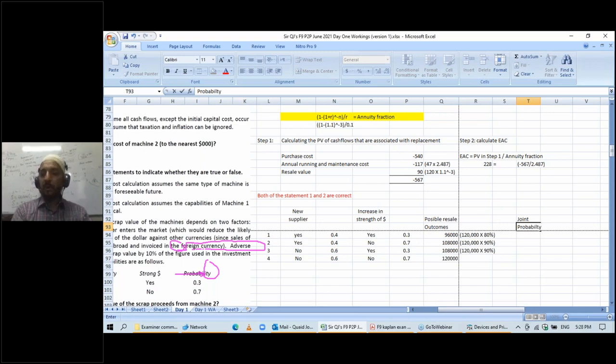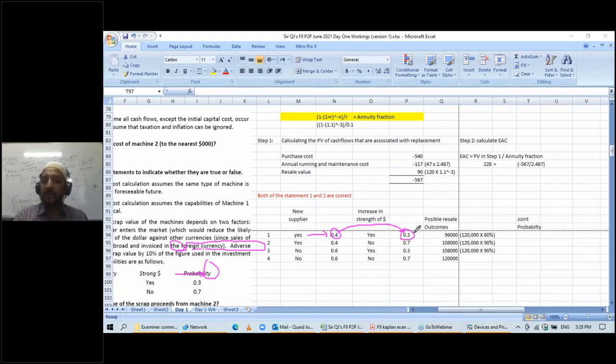Now what is the joint probability? In order to calculate the joint probability, you know that the chance of a new supplier entering the market is 40%, and together with this, the chance that the strength of the US dollar will change is 30%. So what's the combined probability?